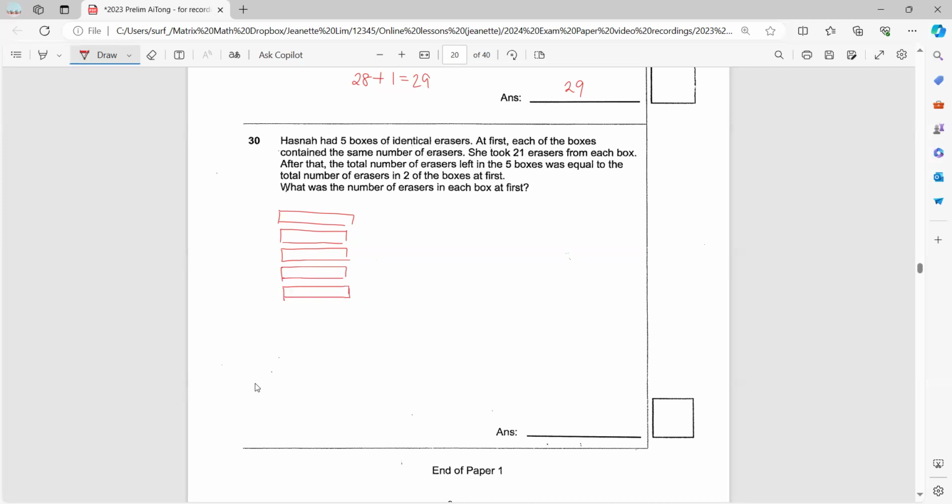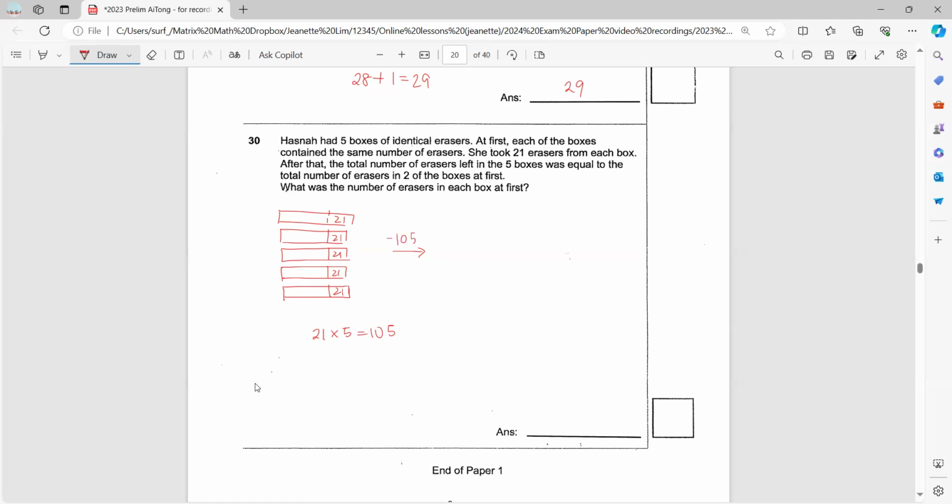She took 21 from each box. Okay, let's cut out 21. And after that, 21 times 5 is 105. So we are removing 105.